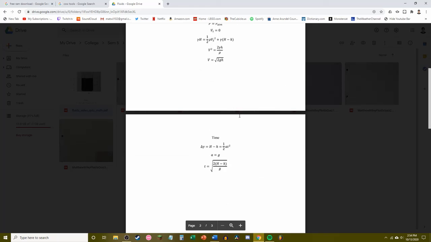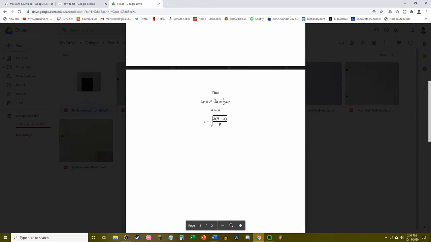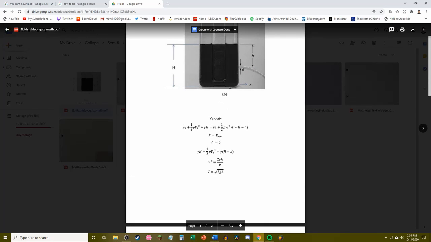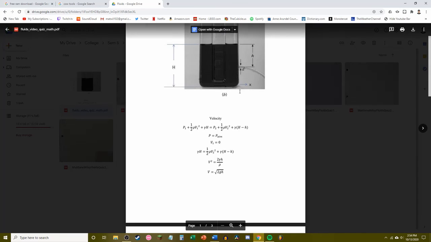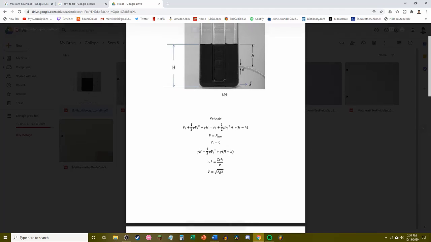Now the only other thing we need to find is the time. Since we know the water is leaving perfectly horizontal, we can use the time it would take for the water exiting here to hit the ground.